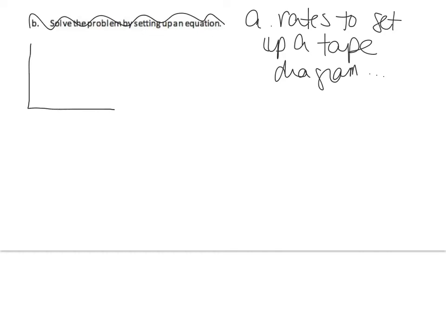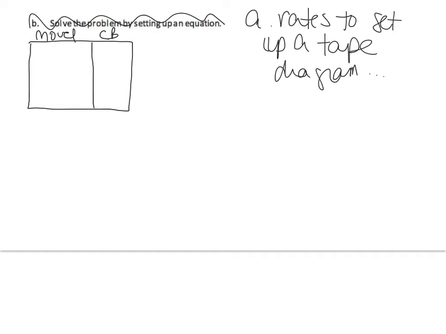So if I draw sort of an area model, this left side looks to be about twice as big as the right side. So the left side is going to be my novel, and the right side is going to be my cookbook, right? On the first day, all the printing presses were used on printing copies of the novel. And on the second day, half completed the novel while half completed the cookbook.